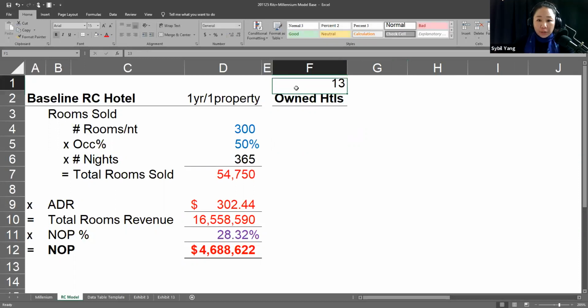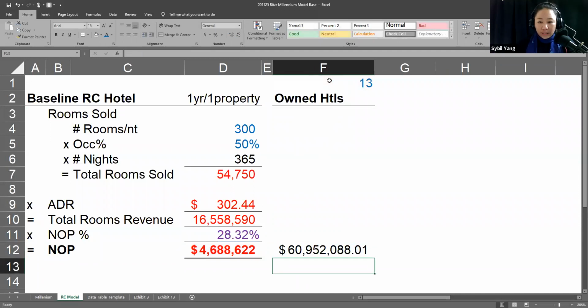So I'm going to put in here 13. And I'm going to make this blue because it's a given assumption, but you might want to be able to change that at some point. So if they own 13 hotels, they would be able to keep 13 times this, right? Times that.